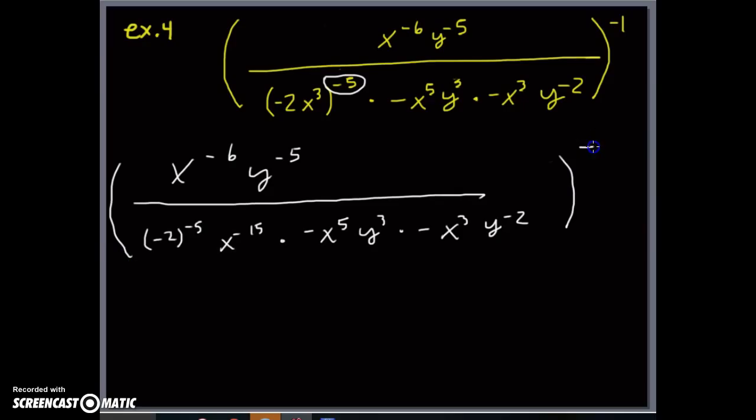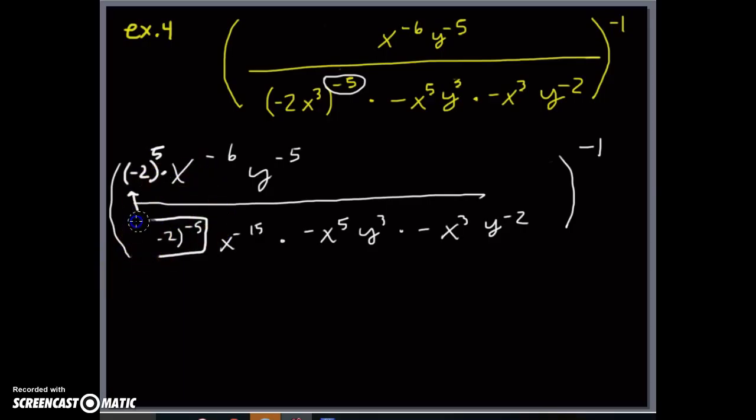Now when I simplify this, I need to convert it into the numerator because I've got to take it to a positive exponent. So I'm going to convert this to a positive exponent by taking it out of the denominator and putting it into the numerator. So it's going to come up here and it's going to look like negative 2 to the positive 5th power times x to the negative 6.